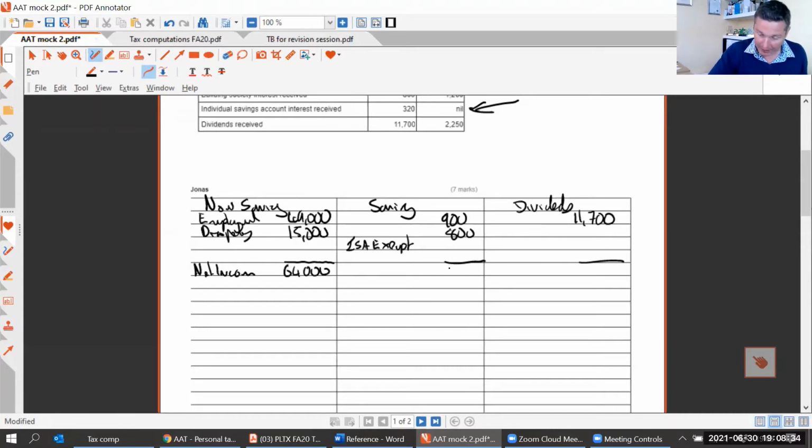Then I can do that one in my head, it's 1,700, and obviously that's 11,700. Now, you don't have to be a genius or good at mental arithmetic to see that his income, oh yeah, it is a him, his income is not above £100,000. So what does that mean for our next step if the income is not above £100,000?